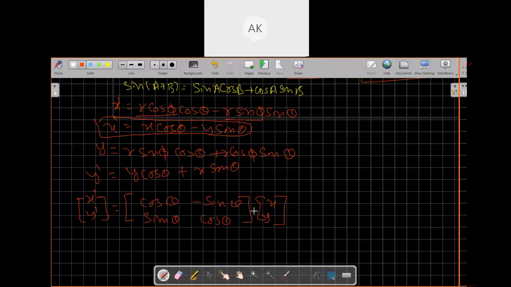So 0 times 4 minus 1 times 0 is 0, and 1 times 4 plus 0 times 0 is 4. So after rotating this point you get 0 4.